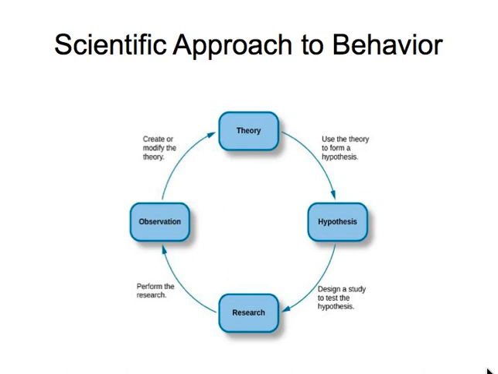Theories are repeatedly checked against the world, but they tend to be too complex to be tested all at once. Instead, researchers create hypotheses to test specific aspects of a theory. A hypothesis is a testable, specific prediction about how the world will behave if our idea is correct, and it is often worded as an if-then statement.